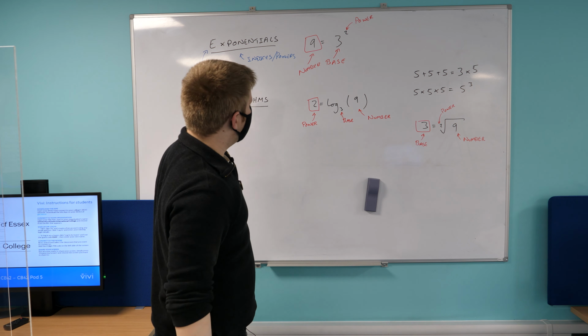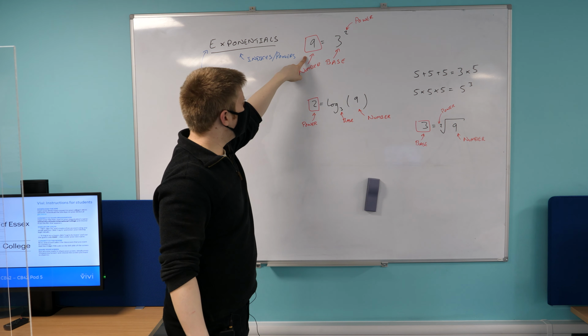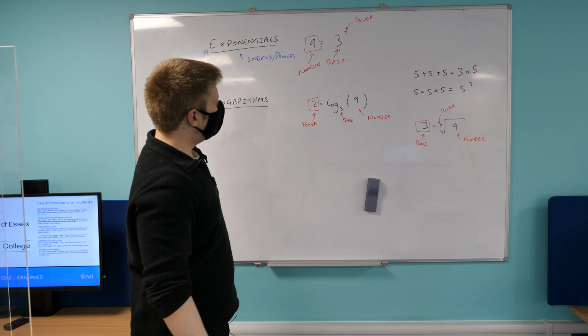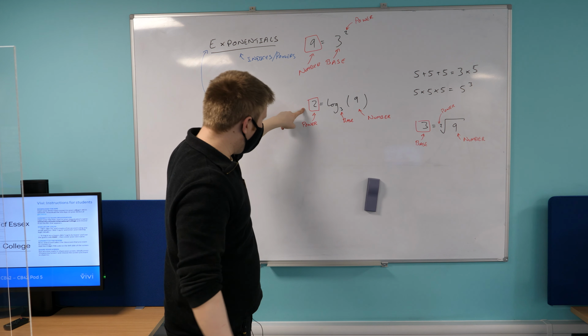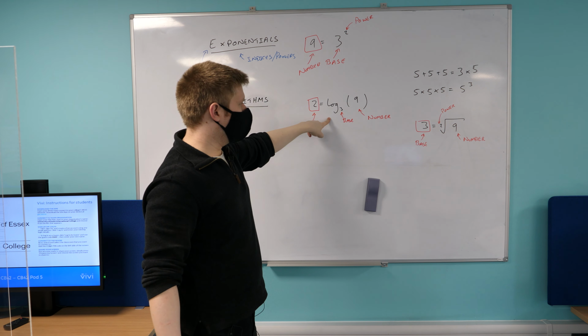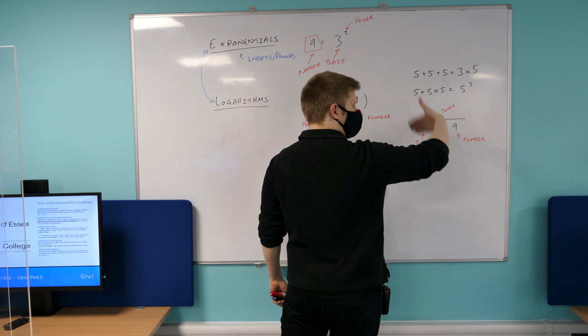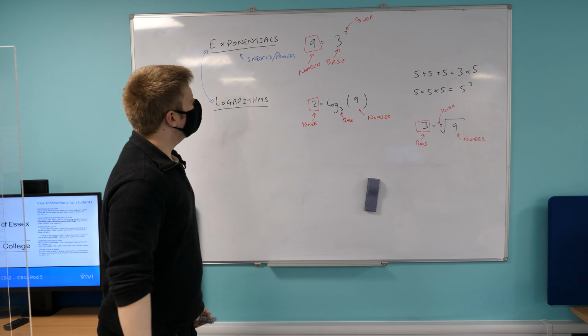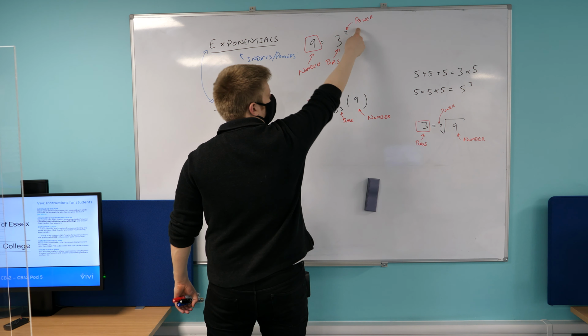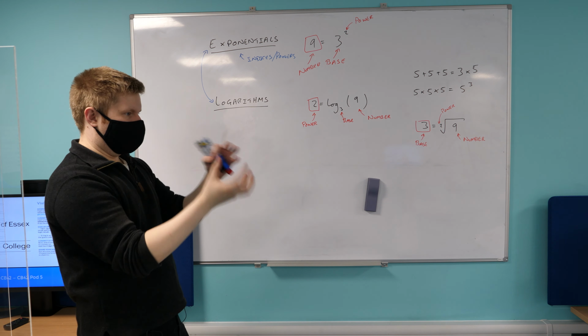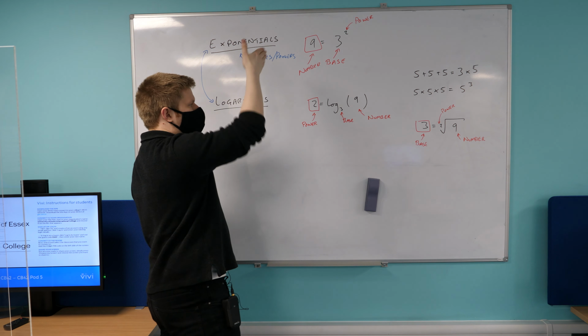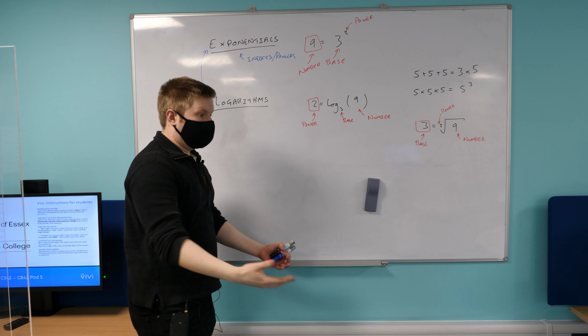If you want to look at it so the number is the subject, then you just write it as an exponential. If you wanted to write it so the power is the subject, you'd write it as a logarithm. If you wanted to write it so the base is the subject, you would write it as a root. So there's 3 things going on here, number, base, and power. And you can rewrite these things in different forms so that each element is the subject.